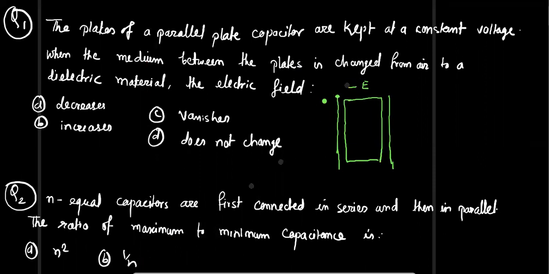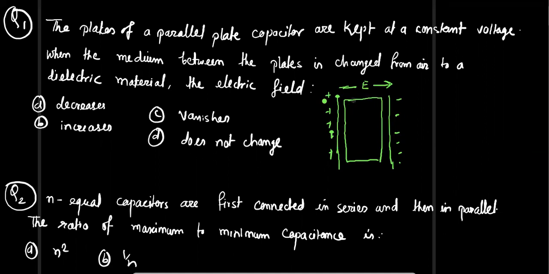The electric field which is set up in between the plates, suppose this plate is positive and this plate is negative. In the absence of dielectric, the electric field is acting from the positive plate to the negative plate. Now suppose we insert a dielectric material.